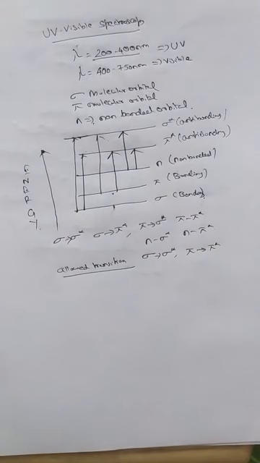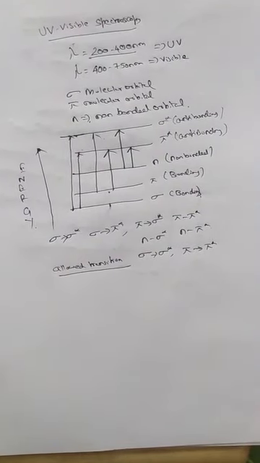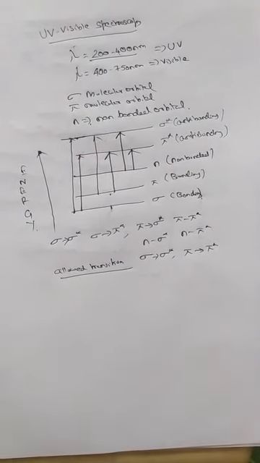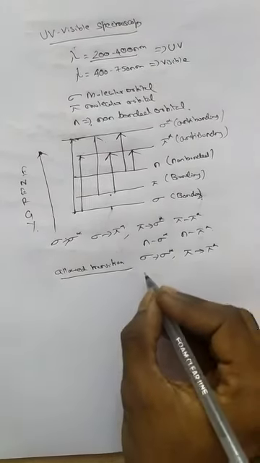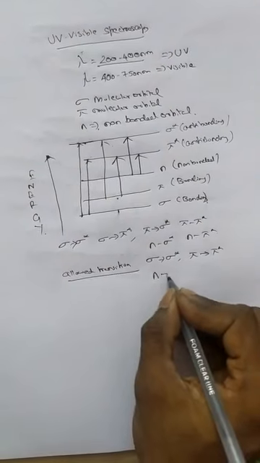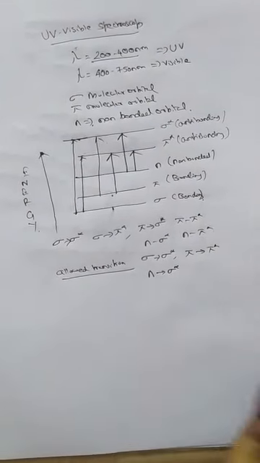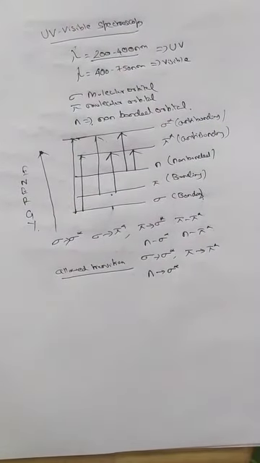Sigma has the same symmetry, and an electron from the sigma orbital can get excited to the sigma star orbital, or an electron from the pi can get excited to the pi star orbital. And there is also another allowed transition, n to sigma star. It is also allowed due to symmetry conditions.